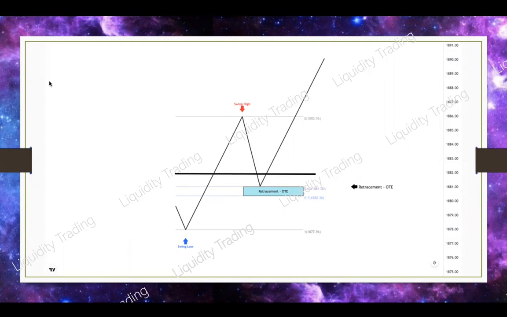So this black line would be, for example, an equilibrium level. This would be the equilibrium price point between this low and this high. So we focus on buying the market at a discounted price below the equilibrium.